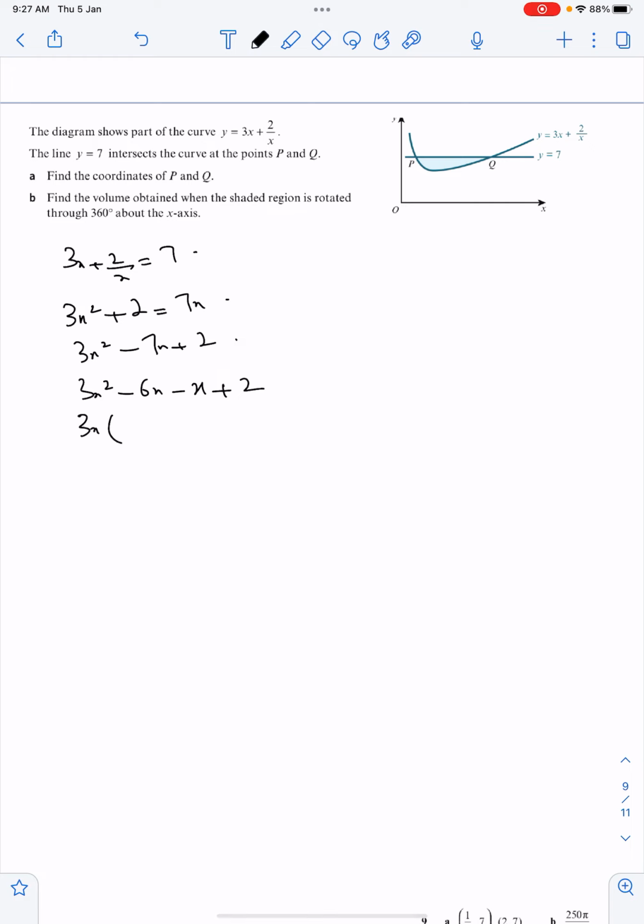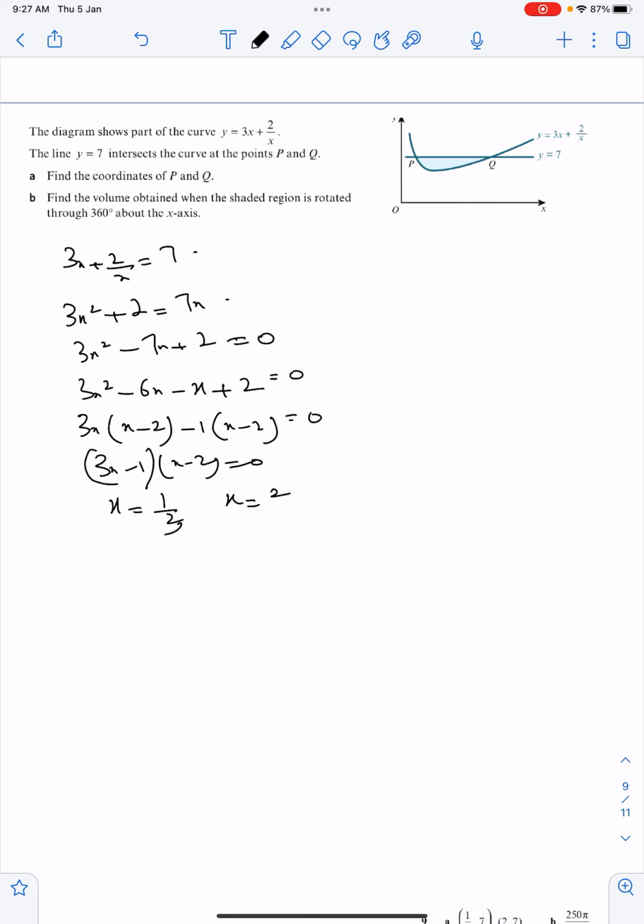If I take 3x out as common, x minus 2 here, and minus 1 as common, x minus 2 here, the two brackets are 3x minus 1 and x minus 2 equals 0. So one answer is x equals 1 upon 3, and the other answer is x equals 2. These are the 2 points of intersection.